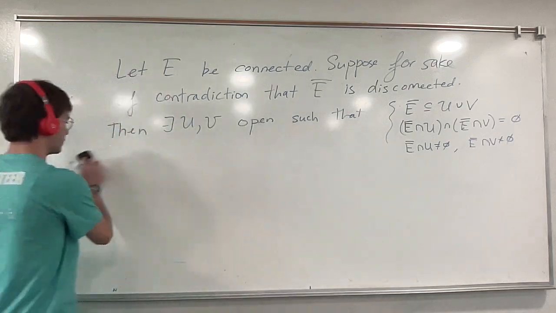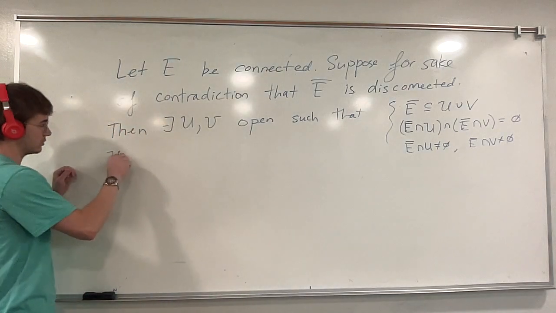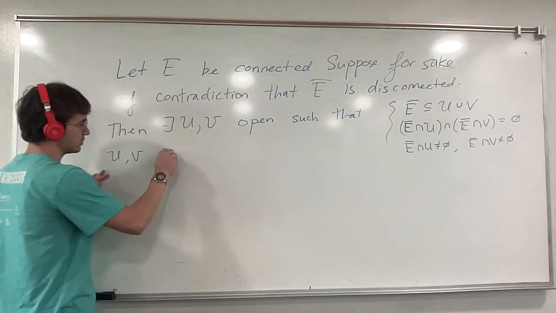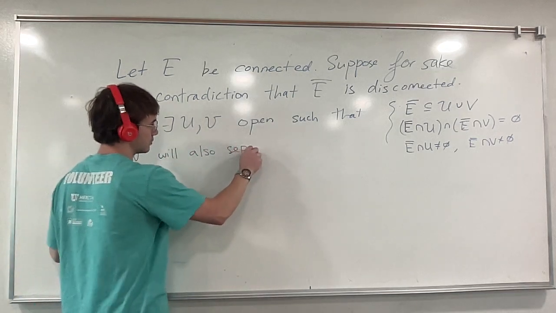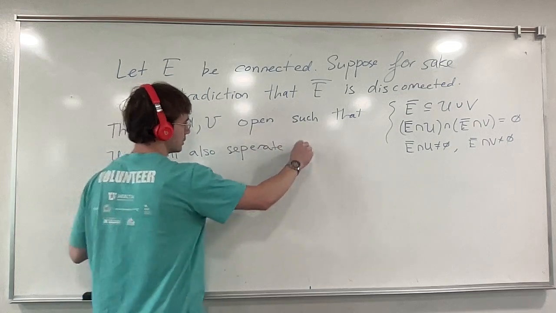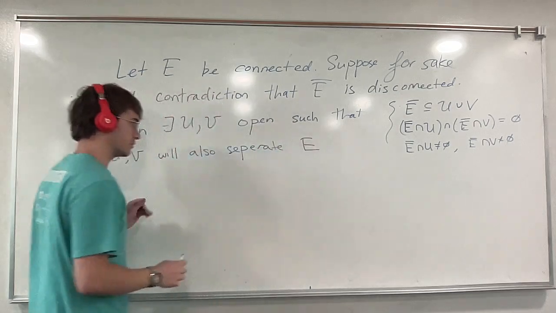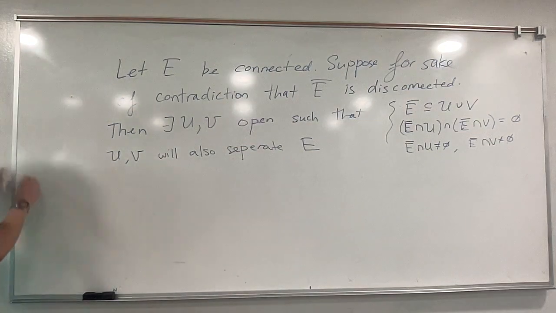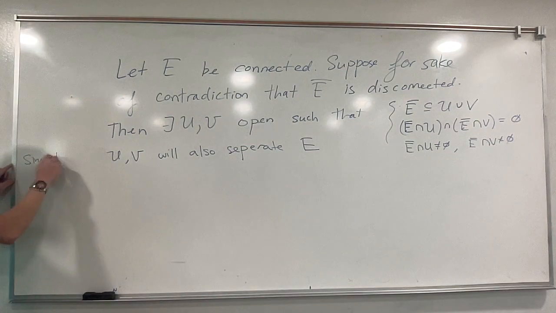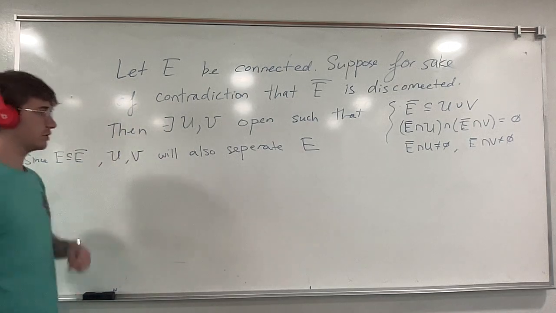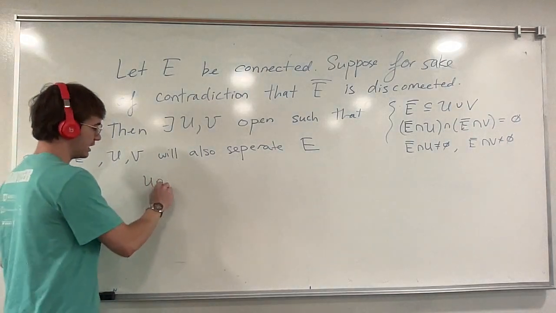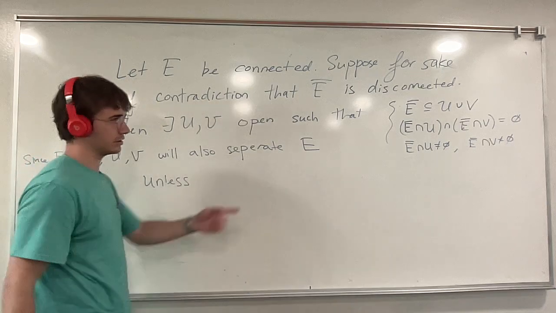Actually let me put it this way: U and V will also separate E, since of course E is a subset of E closure.